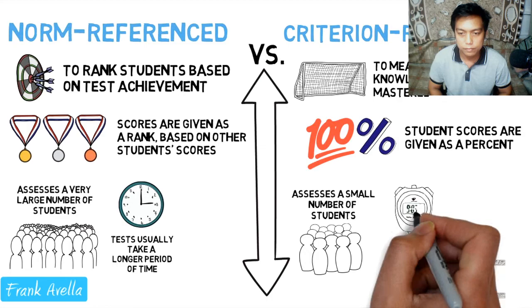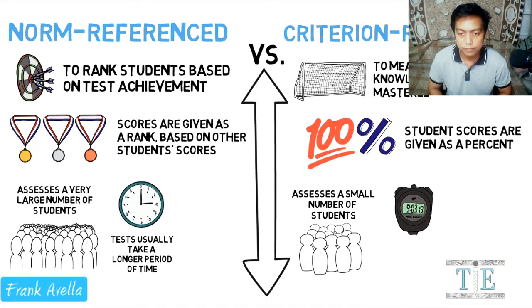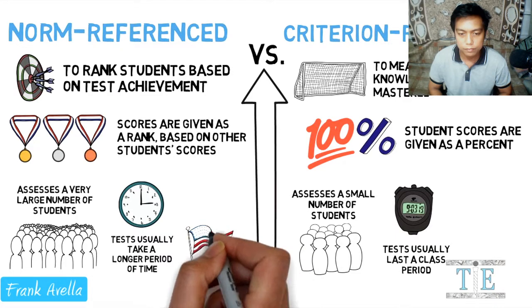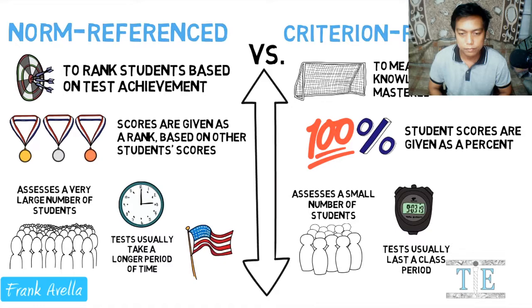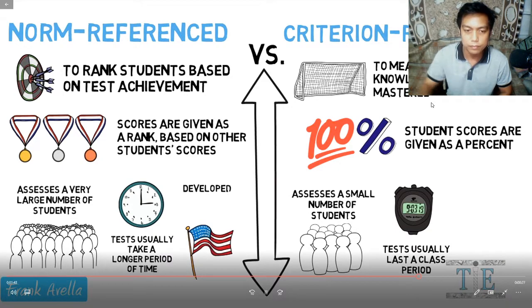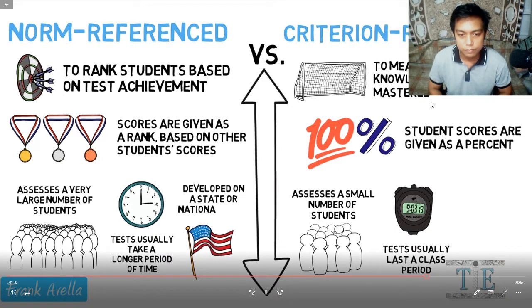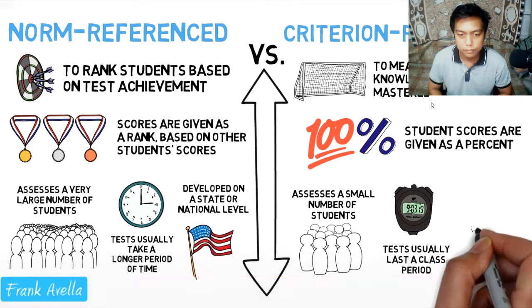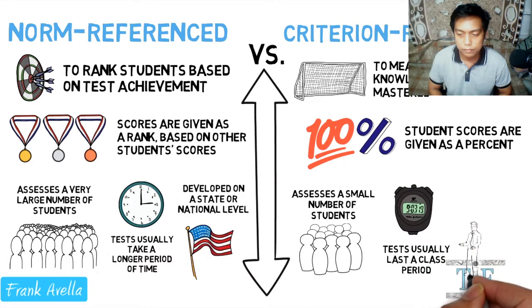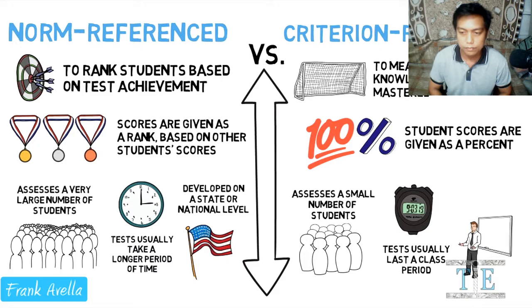Criterion referenced tests are not as long as norm referenced tests. These tests usually last only about a class period. Normed assessments are developed on a larger scale compared to criterion. They're often developed on a state or national level, and criterion referenced tests can be developed individually. They are mostly created by the classroom teacher.